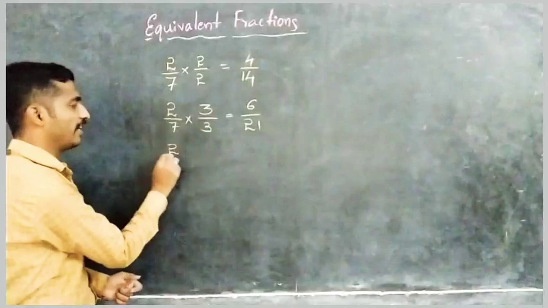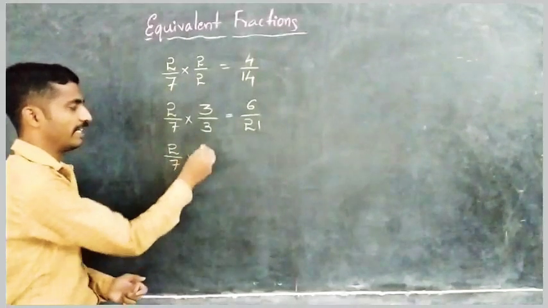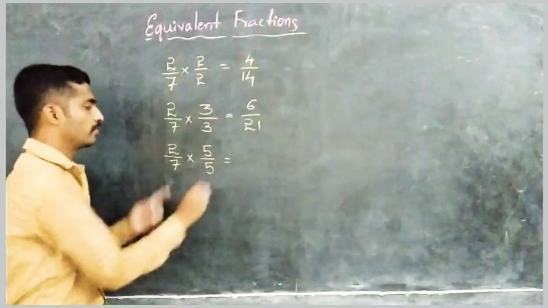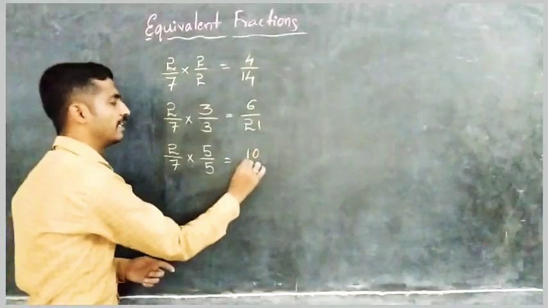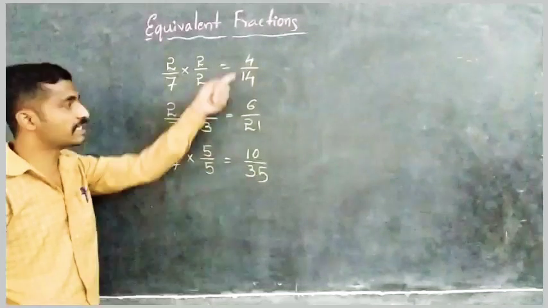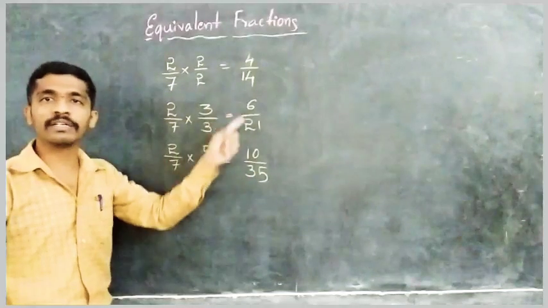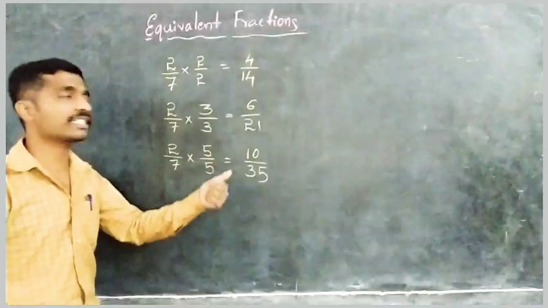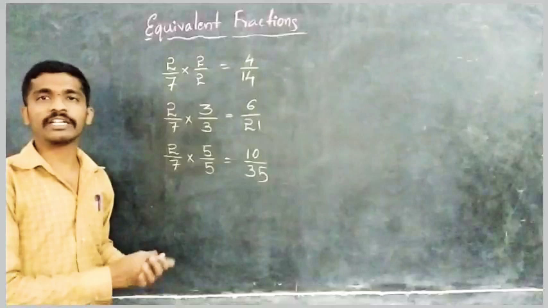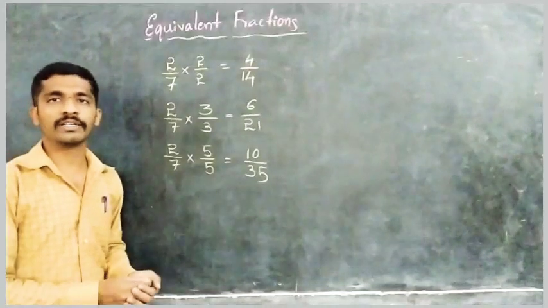Like that you can continue with any other number. Let's take 5 by 5. So 2 5s are 10, 7 5s are 35. So these three are equivalent fractions of which fraction? 2 by 7. Like that we have to write the equivalent fractions.